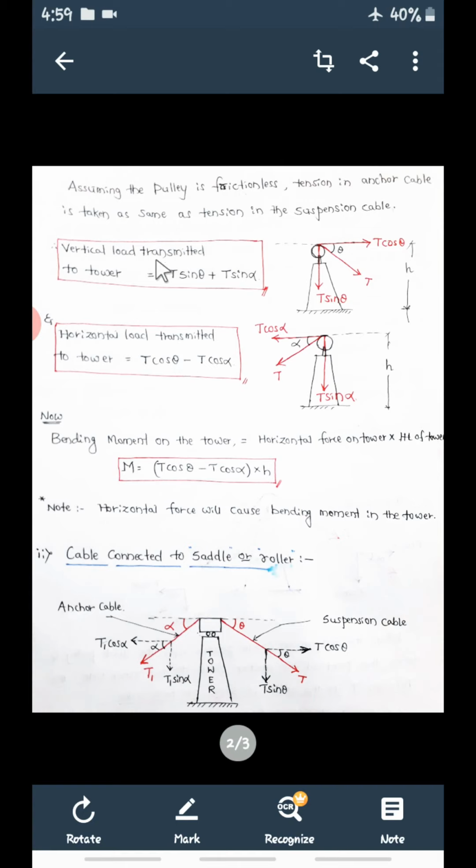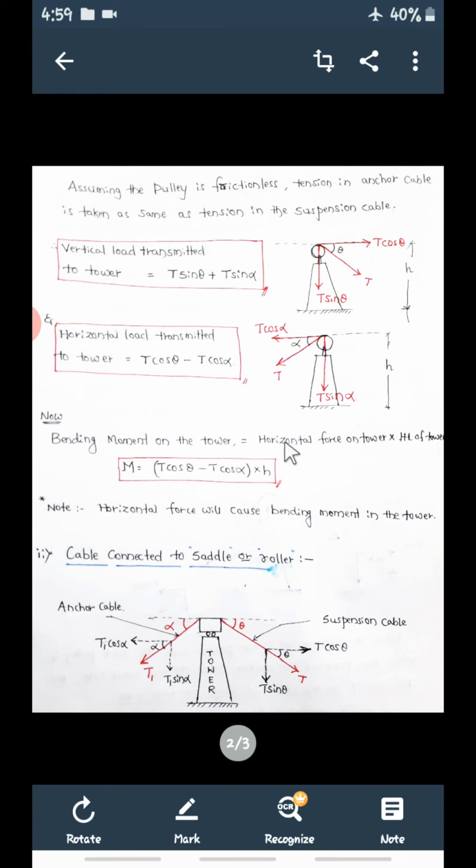The vertical force on the tower will be T sin theta plus T sin alpha. The horizontal force on the tower is T cos theta minus T cos alpha, and the bending moment at the bottom of the tower is this horizontal force, T cos theta minus T cos alpha, into h.